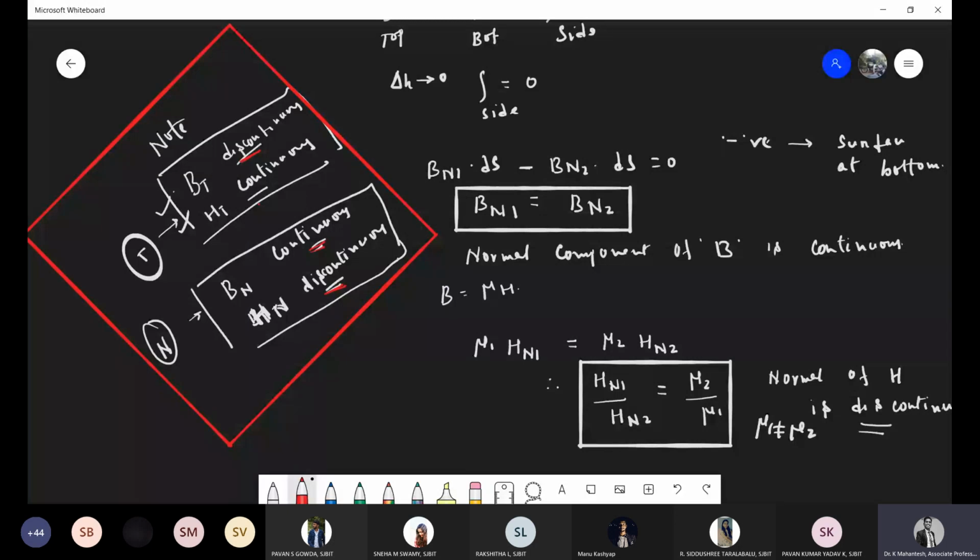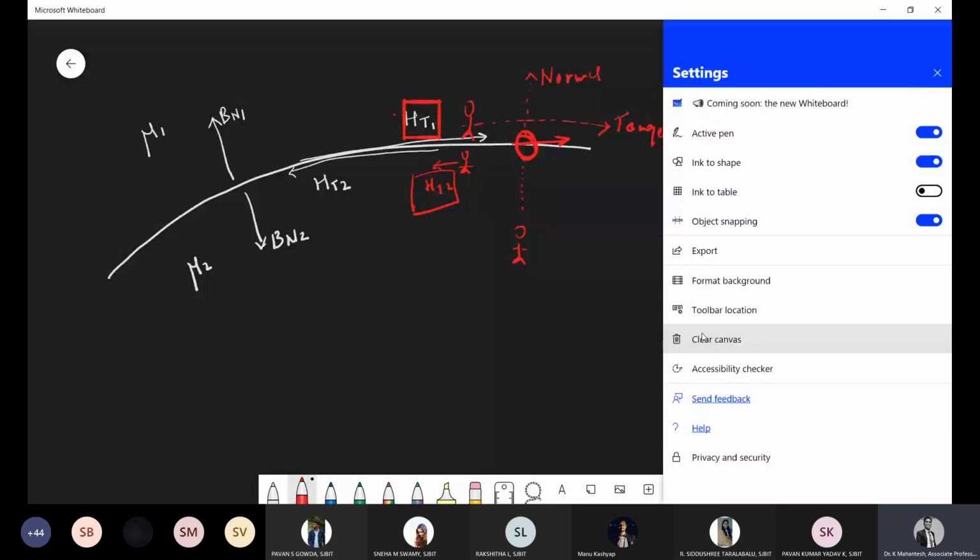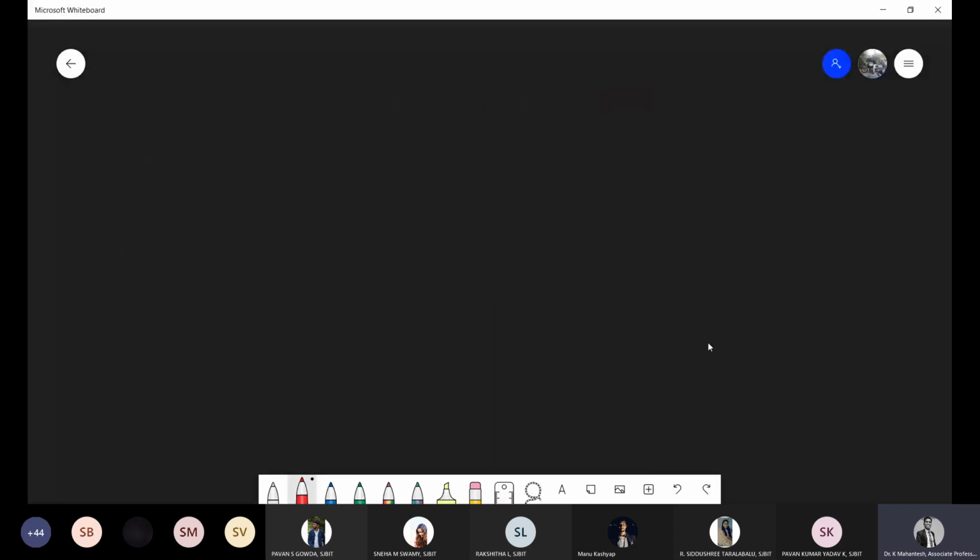Okay, let me clear this screen now. Now the next concept which you are going to study is magnetic circuits. A very simple concept which might be a repetition of your 10 plus 2 sessions.